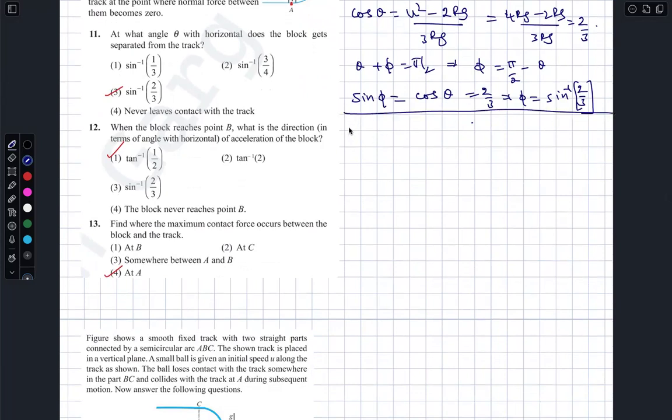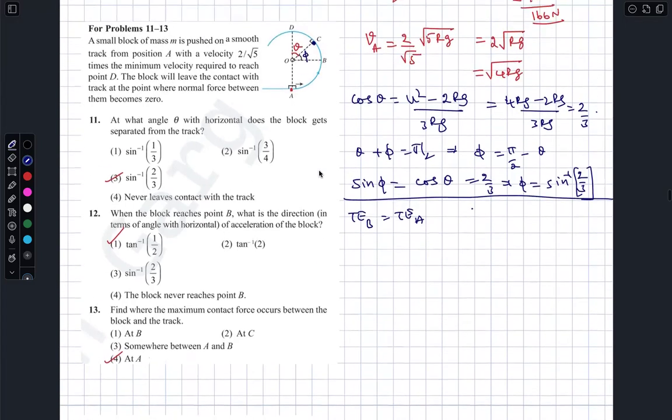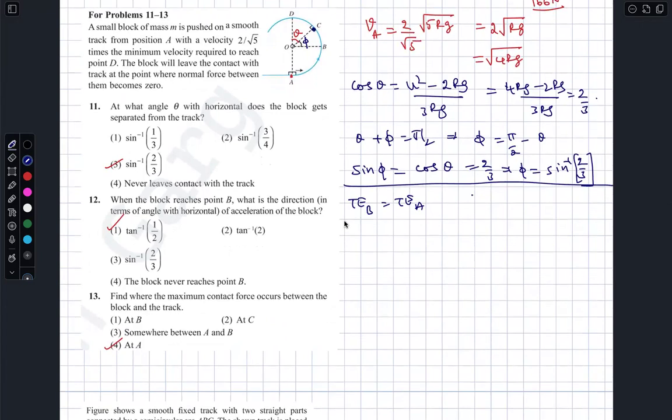See, total energy at B is the same as total energy at A. Agreed? So total energy at B, half M VB square plus MGR, is equal to total energy at A, half M VA square, half M 4RG.